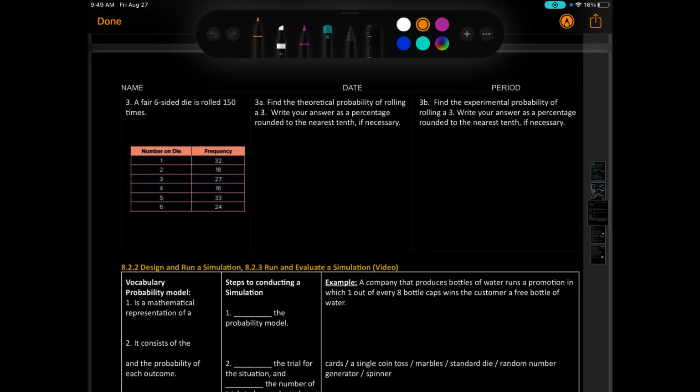So the theoretical probability is all of your probabilities over some of them. That's another way of saying it. So we have 6 die, and there's just one number. Again, list out all the numbers, that might help you. 1, 2, 3, 4, 5, 6. And we're trying to roll a 3, so that's only one number, so 1 out of 6.